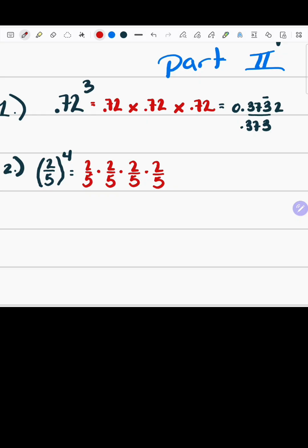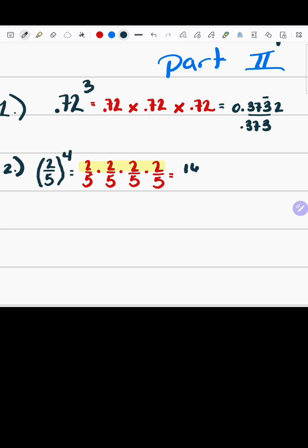Well, if you are multiplying the same fraction over and over again, there's nothing to reduce. So in this case, skip to the very end of multiplying fractions. Multiply the leftover factors at the top so we can get that numerator answer, which is, remember, 2 times 2 times 2 is 8. 8 times 2 is 16.